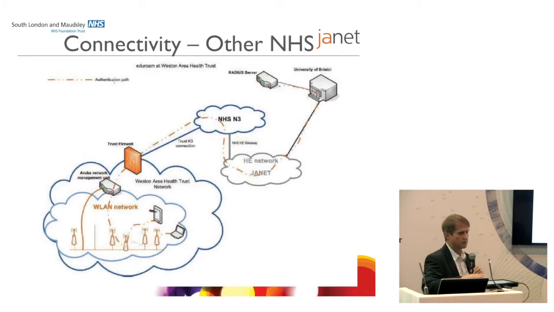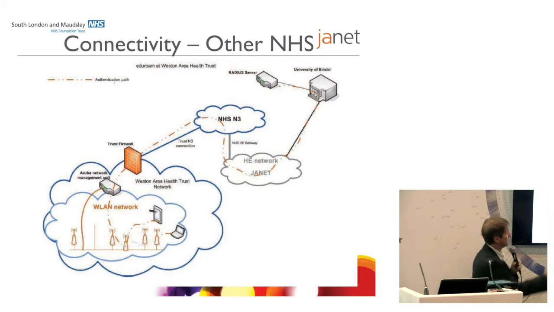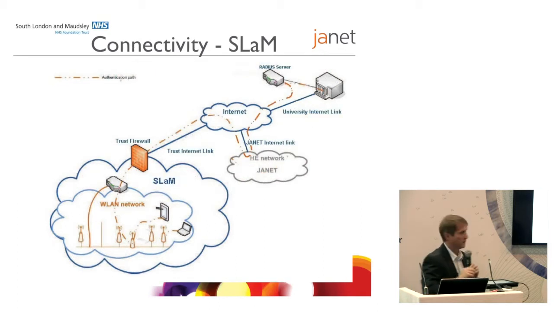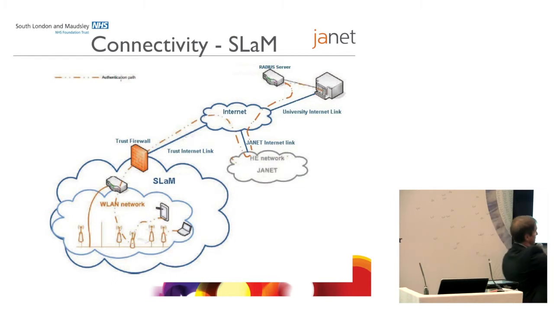Okay, so this is a conventional NHS model using the N3 connection, and what it allows is for people in the universities to come into the NHS and authenticate back to their own university. What our solution does, it replaces the N3 connection with a direct internet access connection.